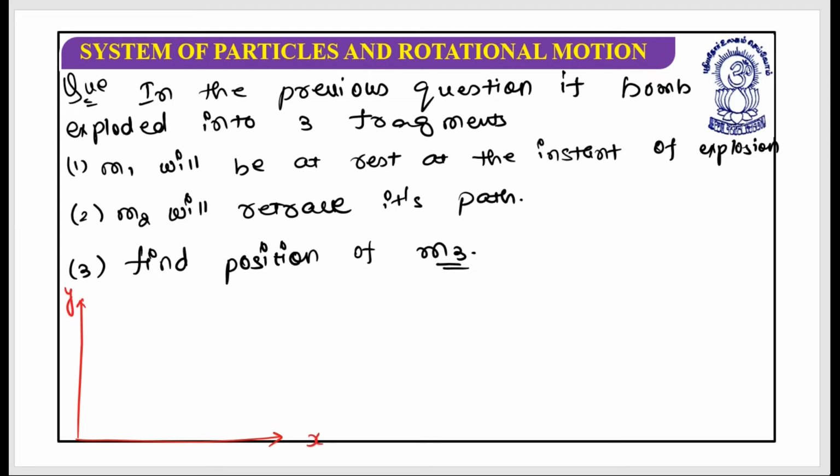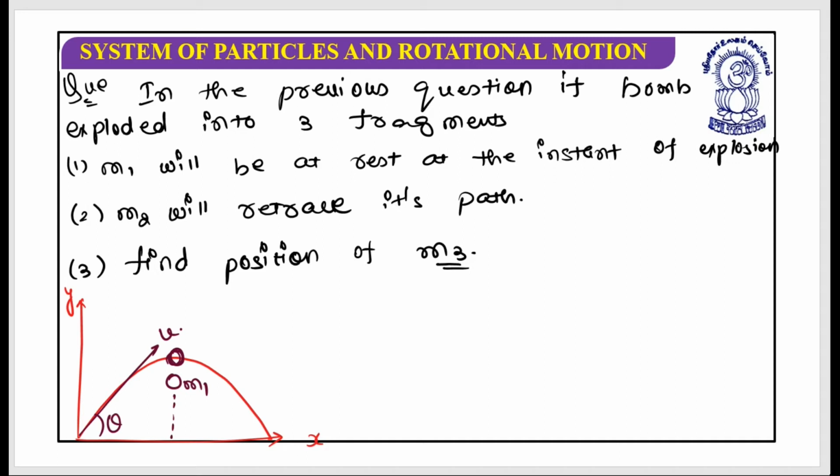This is y, this is x. It is going to move something like this. This is velocity u making an angle theta. At this position it is going to explode, and one of the objects came to rest momentarily at the same moment, so it has reached here, M1.